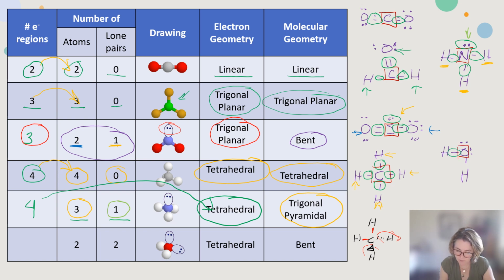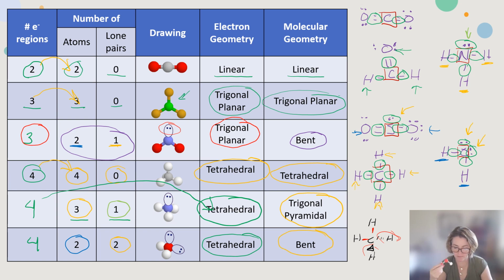I have 2 bonds and 2 lone pairs, giving me 4 electron regions, which again means that my electron geometry is going to be tetrahedral. Now, I have 2 atoms and 2 lone pairs, right? That is going to make the shape of this molecule bent.